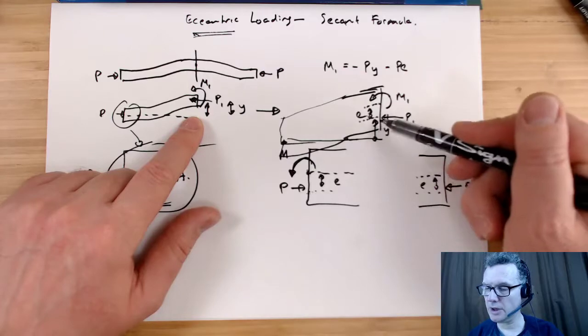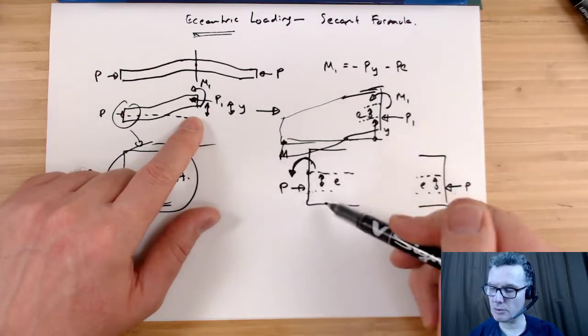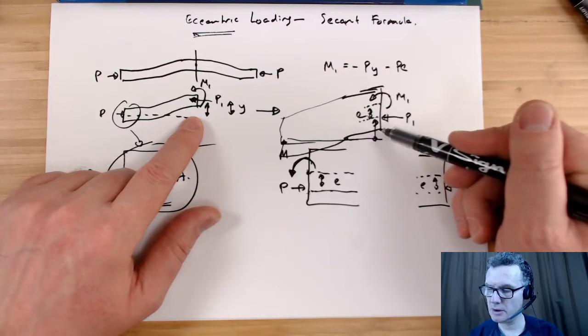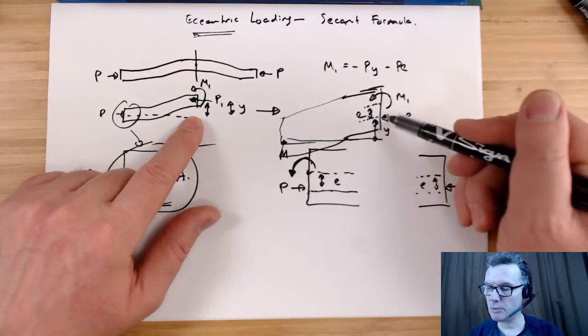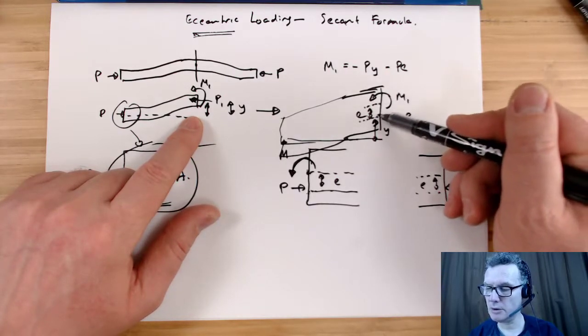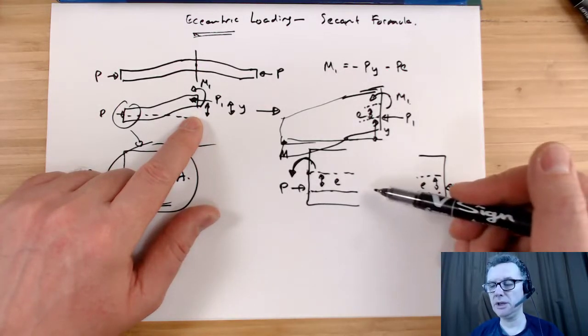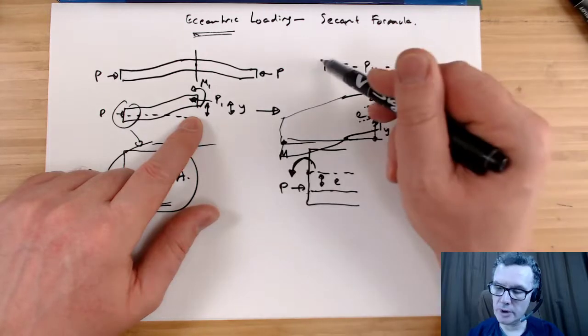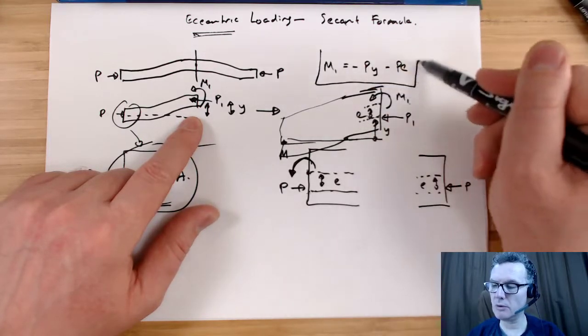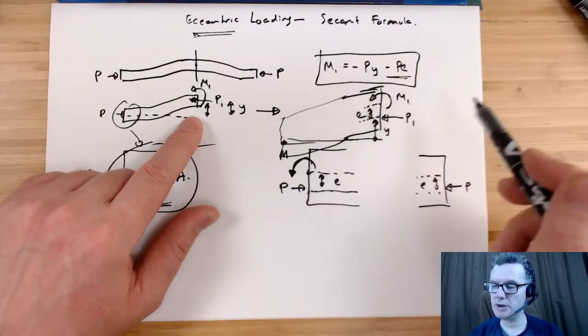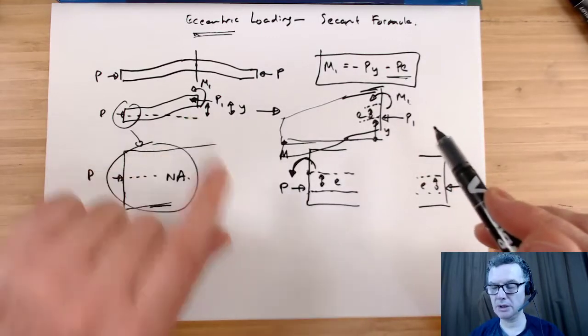So your y is the distance from this line up to where it's getting deflected, and then a bit above that will be the neutral axis, e above that, and that's where we're applying the internal turning moment. So the internal turning moment overall will have this additional minus Pe term added onto the end of it.